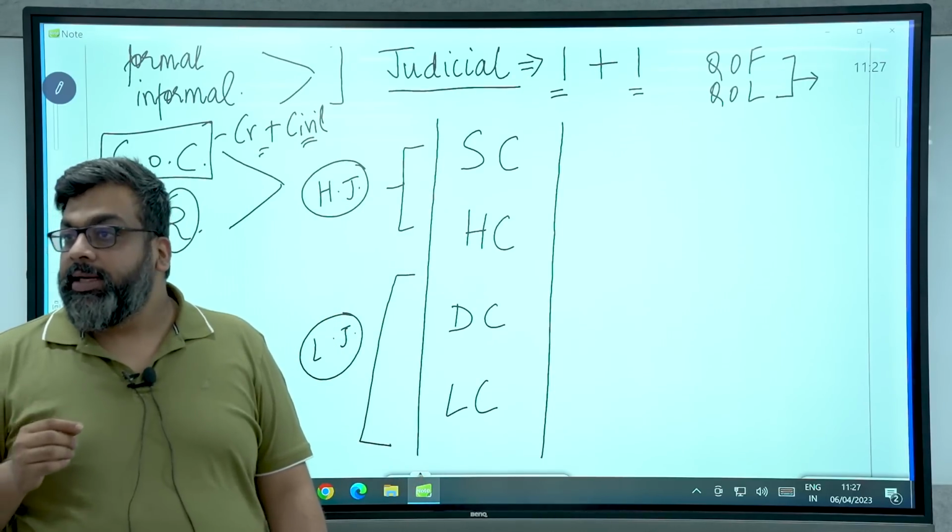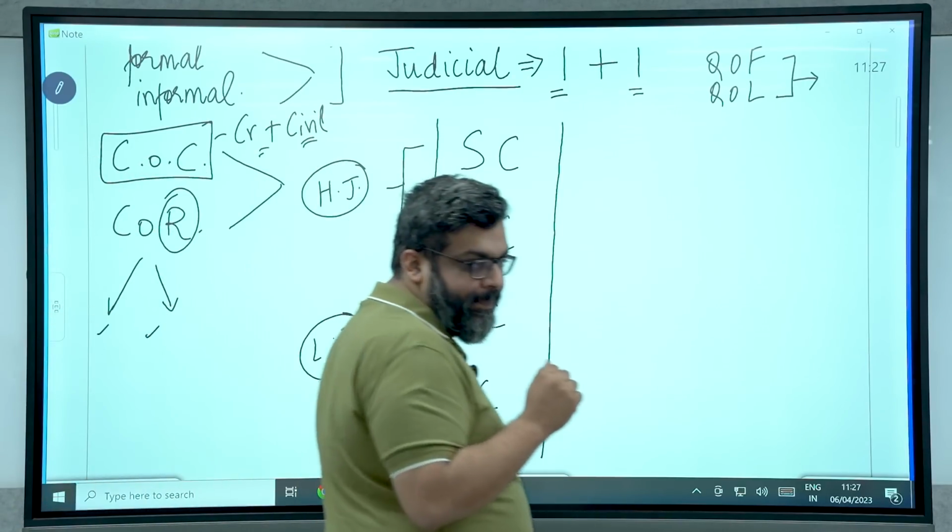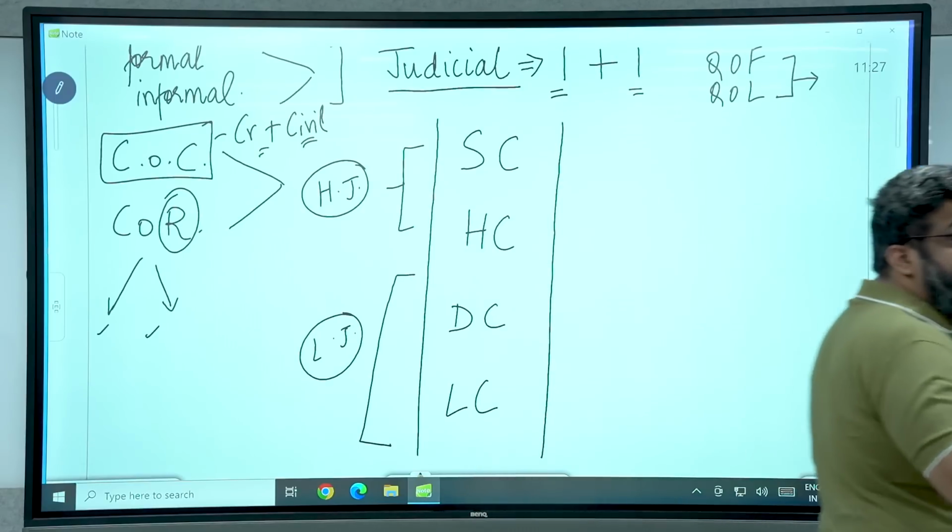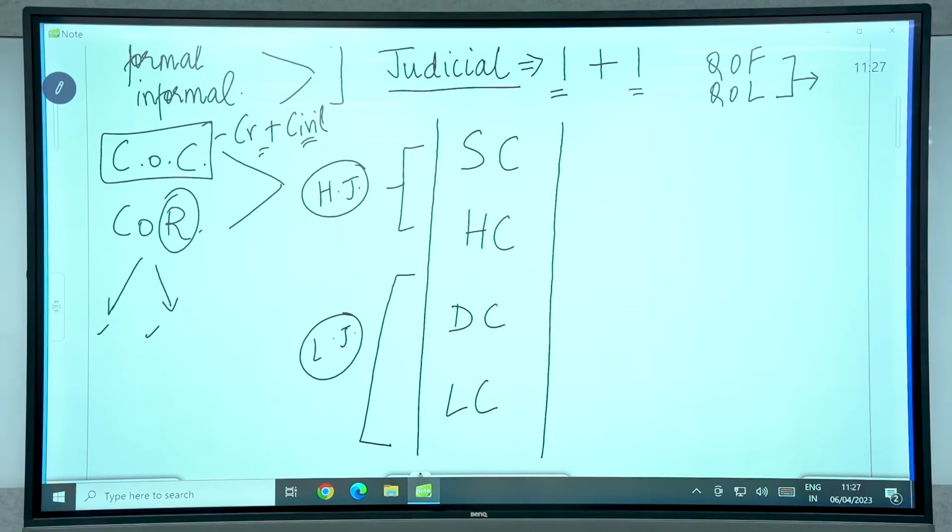Yes. Now the question is why? Why have you done that? One, to give a federal candy, because the states have a negligible role in the appointment or the removal of High Court judges. And two, this is to de-burden the Supreme Court.